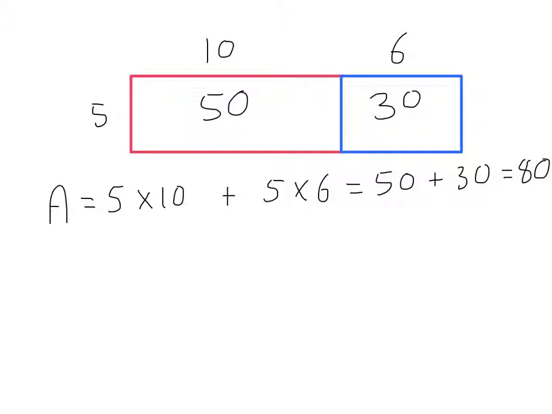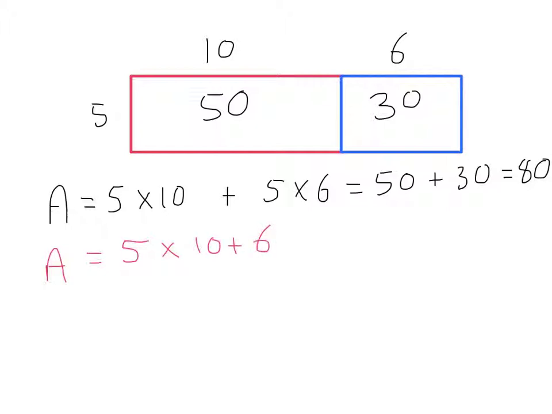But then there's another way of working out the area of the whole room. The other way we can do this is just to recognize that the whole length of the entire room is going to be 10 plus 6. So instead, we could say that the area is equal to 5 times 10 plus 6.